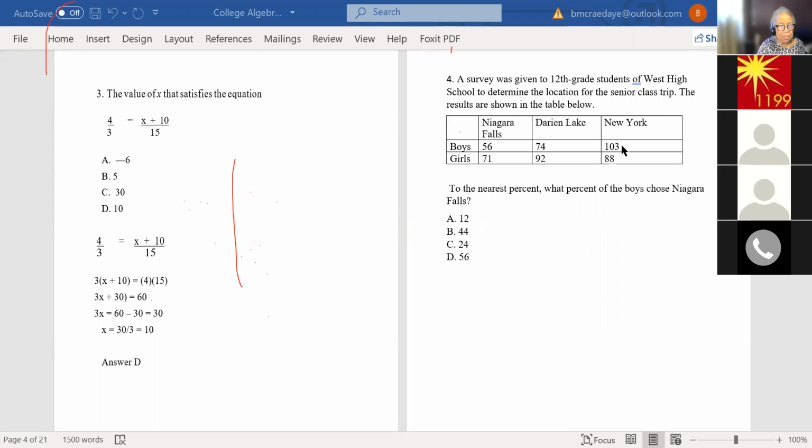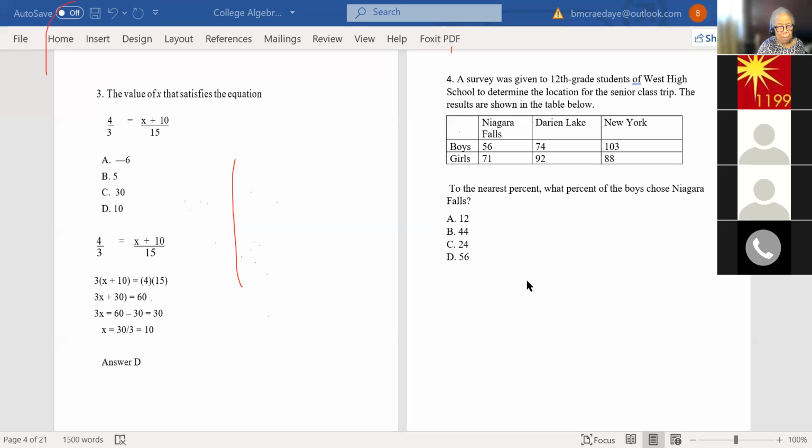To find the percent, take the 56 and divide it by the sum of 56 plus 74 plus 103. Tell me what percent you get. You'll get a decimal. You can multiply by 100 to get a percent, or you can shift the decimal point 2 places to the right.